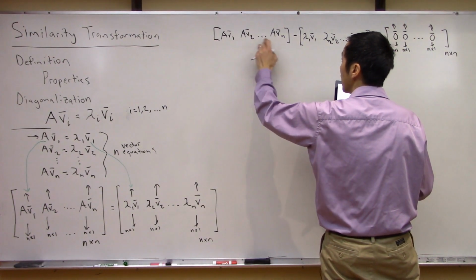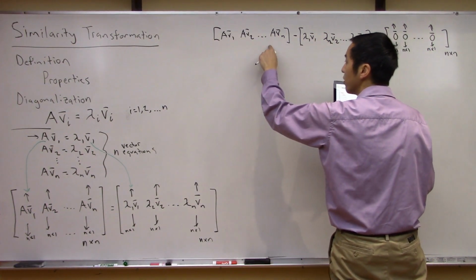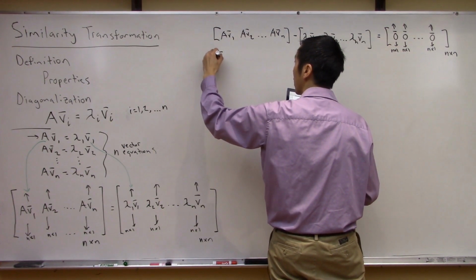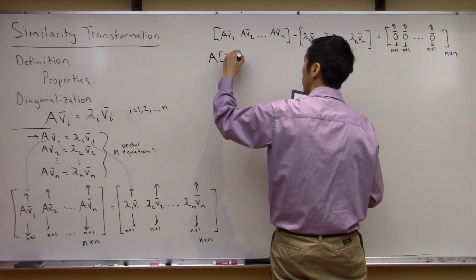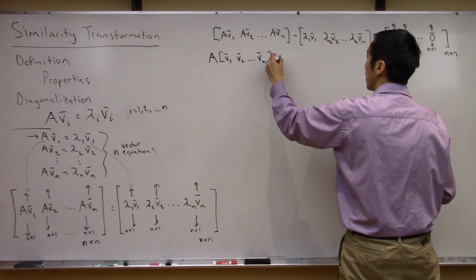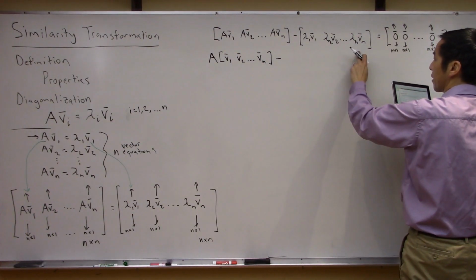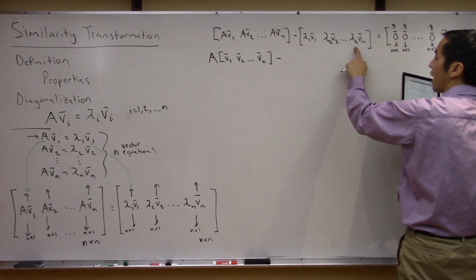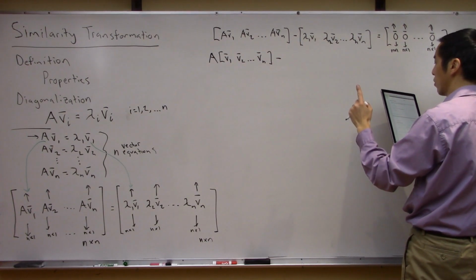You notice A is pre-multiplied everywhere, so let's pull it out on the left. So this can be rewritten as A times V1, V2, all the way out to Vn, okay? Minus, let's look at this thing. Lambdas, remember all these eigenvalues are just scalar numbers, right?